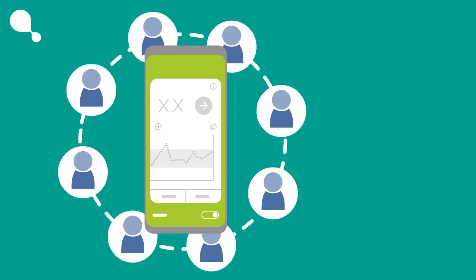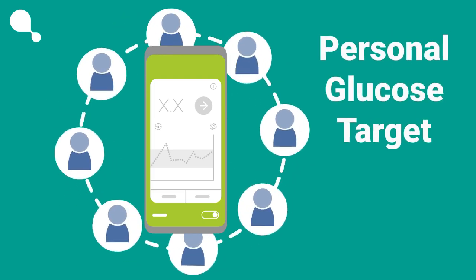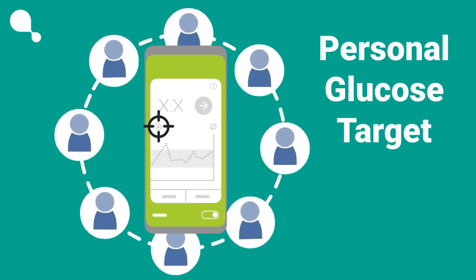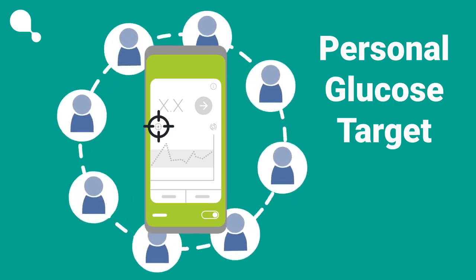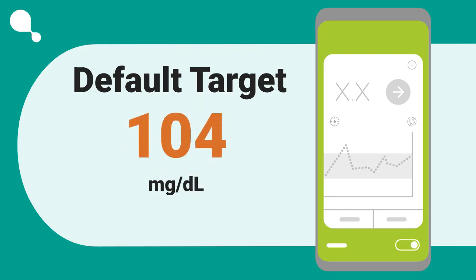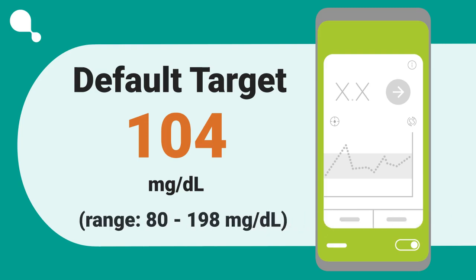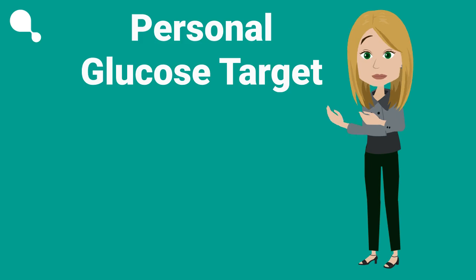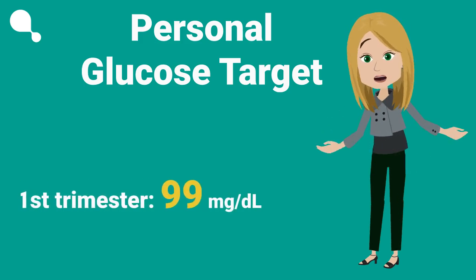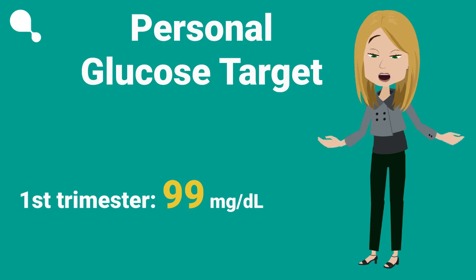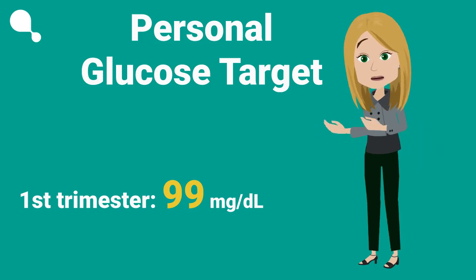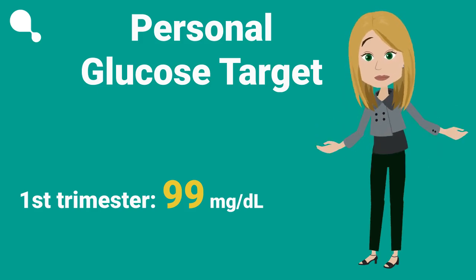The app's personal glucose target controls the level the algorithm is aiming to achieve when auto mode is on. The default target is 104 milligrams per deciliter. You are able to set this target anywhere between 80 and 198 milligrams per deciliter across the 24 hours of the day. In the first trimester, when the risk of hypos is higher, the personal glucose target is commonly set to 99 milligrams per deciliter.